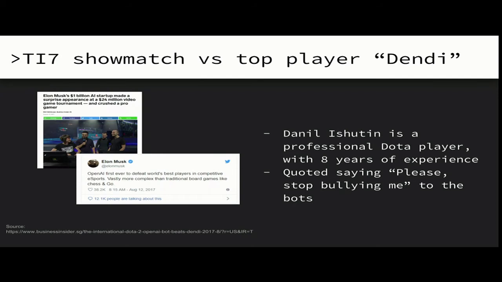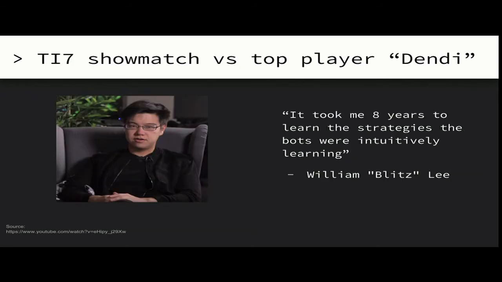The bot was able to predict a lot of his actions and respond in a manner that he was not able to comprehend. And Elon Musk, of course, took to Twitter to post about OpenAI and how good it is. Even other professional players stated that it took them 8 years to learn the strategies that the bots were learning intuitively through machine learning.